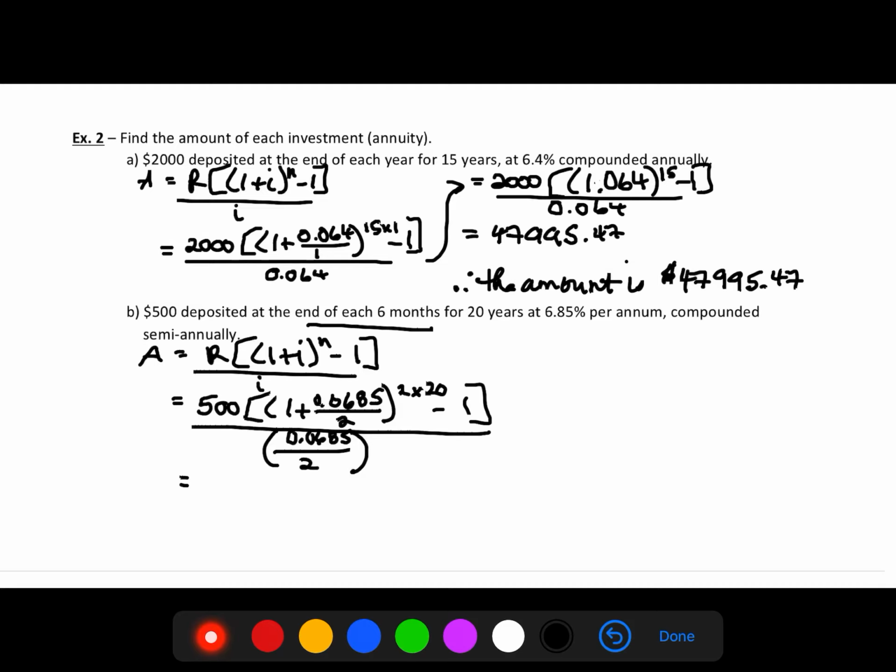Now we're going to multiply that by 500 equals, and then when we divide, we're just going to make sure that we put our 0.0685 divided by 2 in brackets. So divided by bracket, 0.0685 divided by 2, end bracket, and equals. And when we do that, we should get 41,548.98.